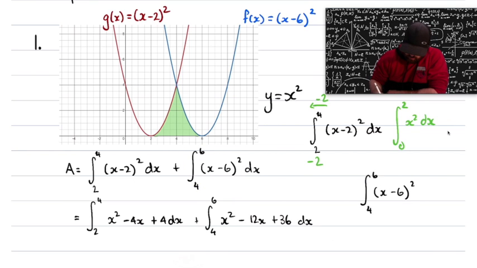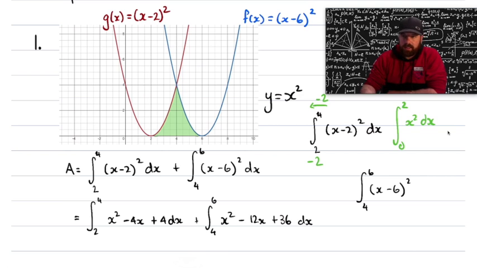And again, if I'm shifting it back to the origin, I'll do it in blue, everything is going back 6 units. So I'm going between 0 and -2 of x squared dx.